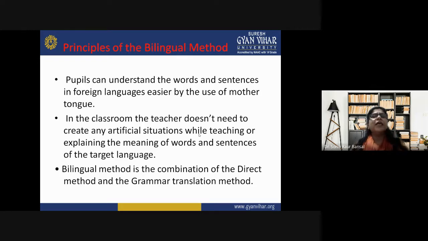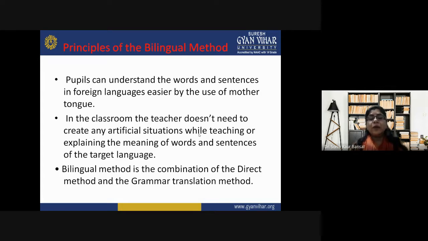But the bilingual method doesn't force us to create these types of artificial situations while teaching or explaining the meaning of words and sentences of the target language. So it is becoming easier in that way.